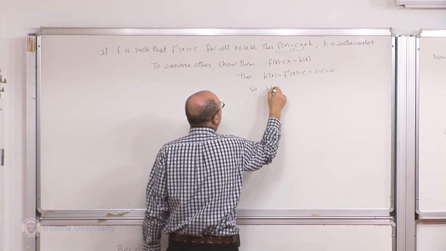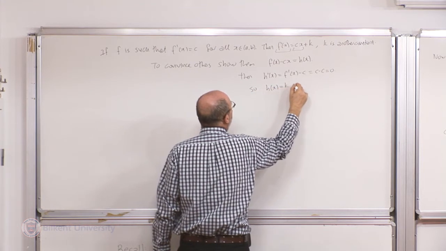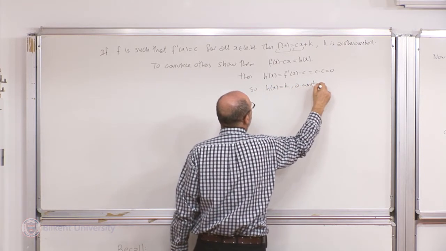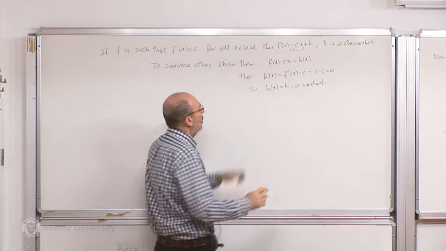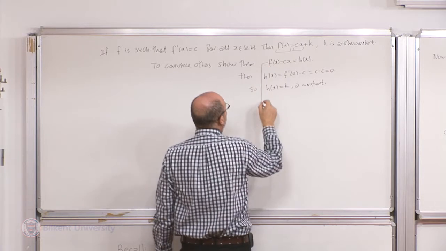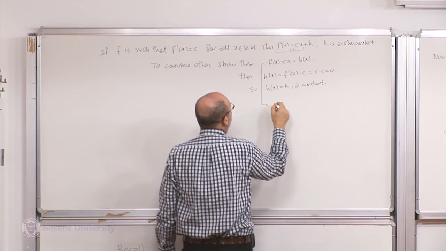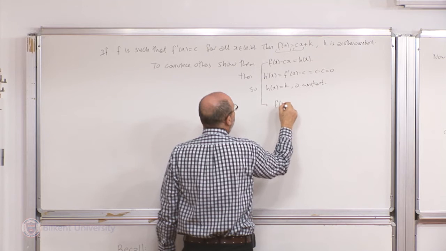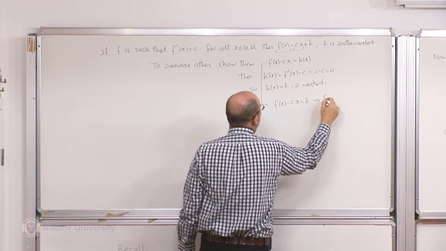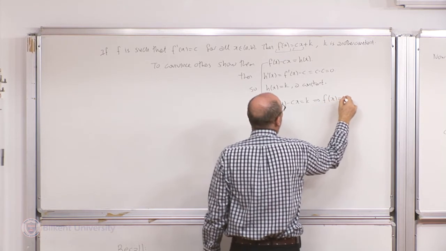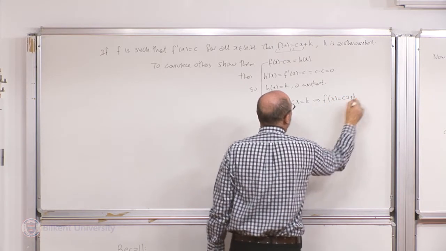So h of x is k, a constant. Okay, so that's precisely what you wanted to show. Then from here you see that f of x minus cx equals k, and this shows the others that you are right.